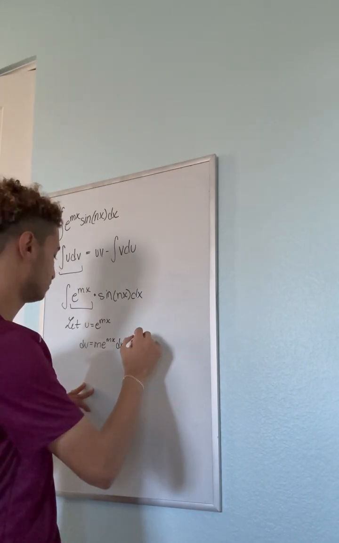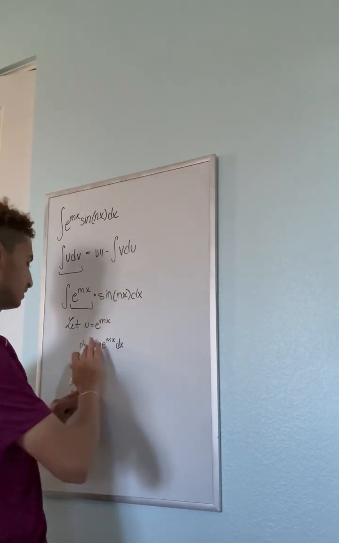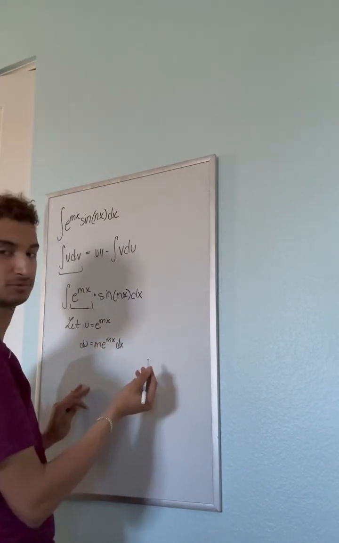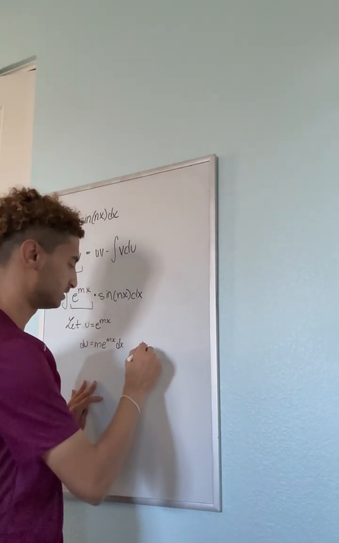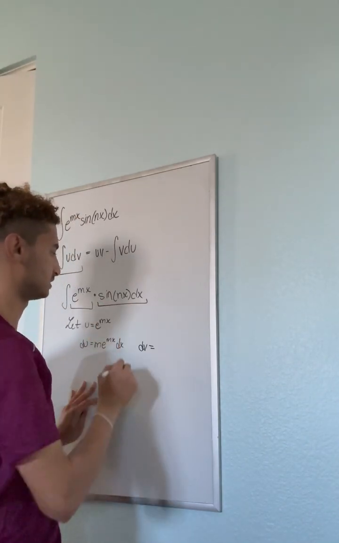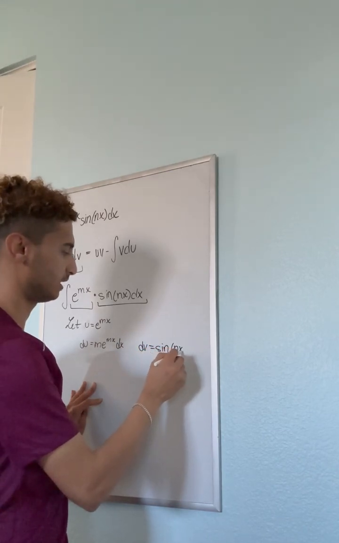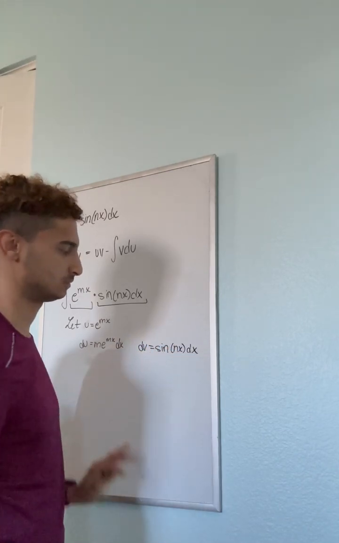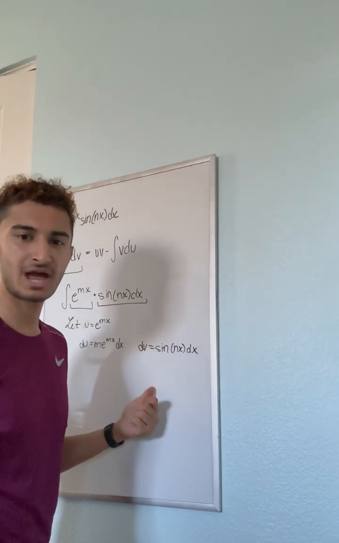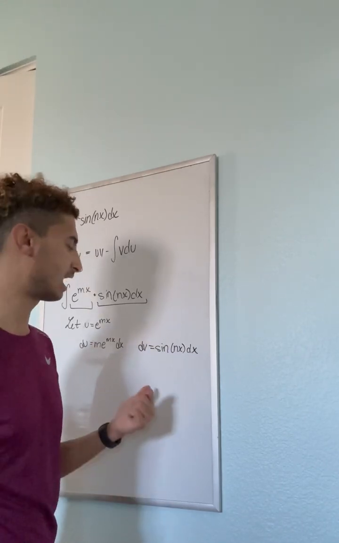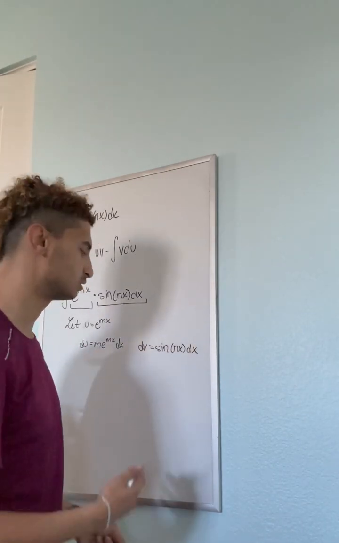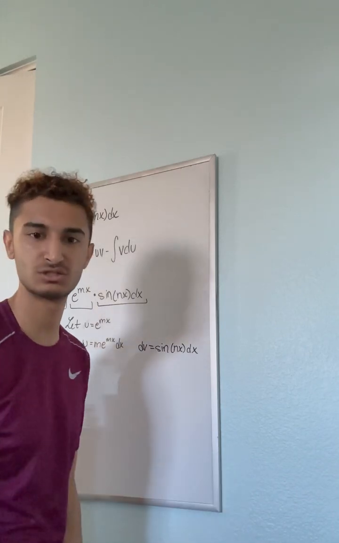So now we're going to go, well, that looks like a dv, that's du. Now our dv would be this, which is sine nx dx. Now, the integral of that, you guys probably have seen something like this, because of u substitution.